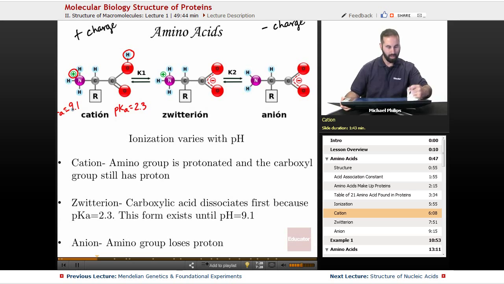So when the pH is below 2.3, we're in the cation form.